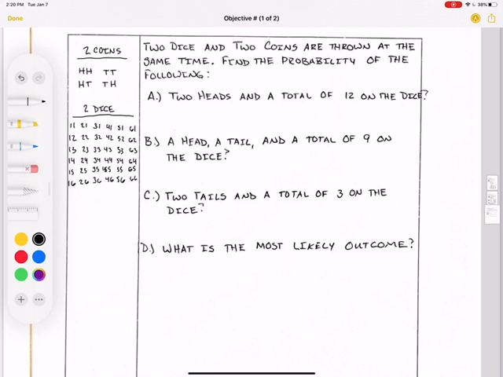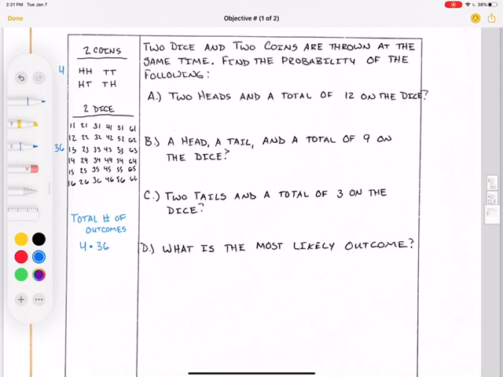Okay, those are all of my options. I'm going to fix this really quick. Okay. So, if I look at this, 2 coins, I have 4 options here. 2 dice, I have 36 options. So for my total number of outcomes, what I do is I take 4 and multiply it by 36.